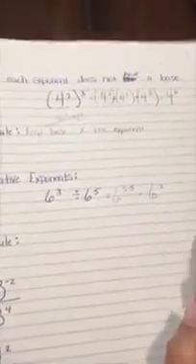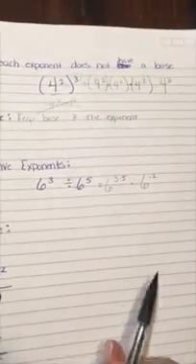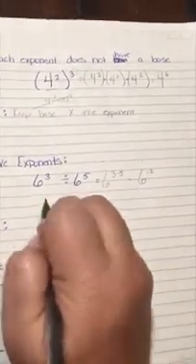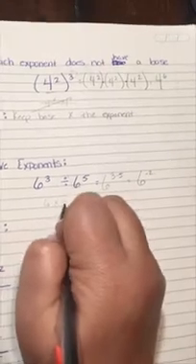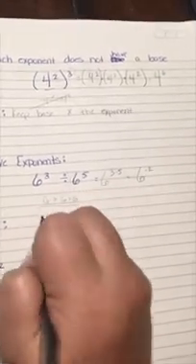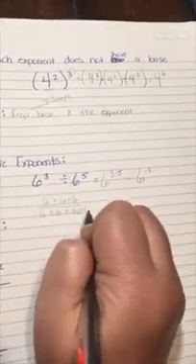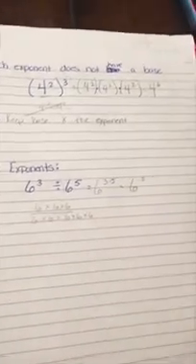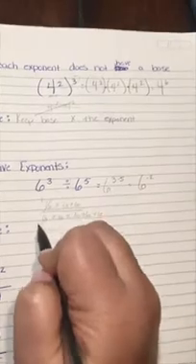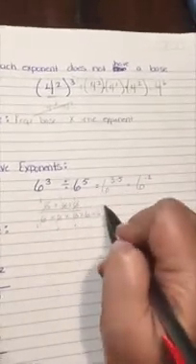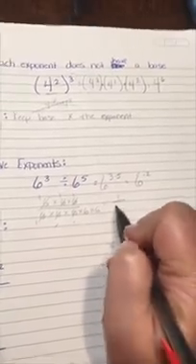Now I'm going to write this out the long way so that you can see what would happen. I'm going to have 6 times 6 times 6 on top, and 6 times 6 times 6 times 6 times 6 on the bottom. And if I simplify, here I have 1 over 6 to the second power.